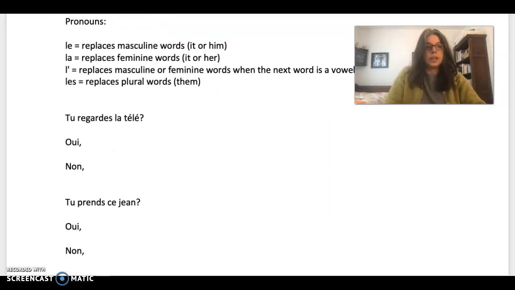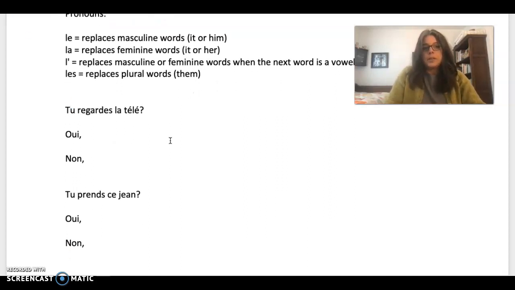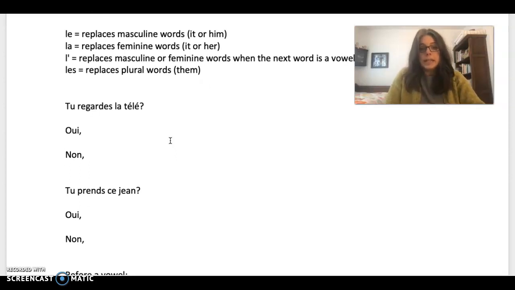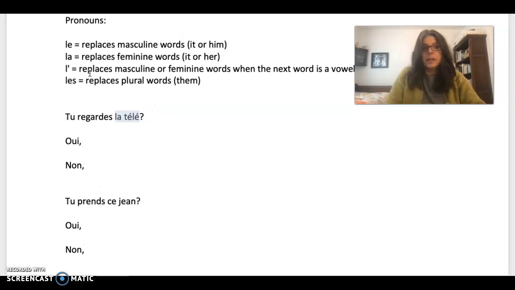So let's see how this works. Get rid of this drawing thing here. Okay, so if we have the question, tu regardes la télé? You watch television? If we were going to answer that, we probably wouldn't say, yes, I watch television. We would say, yes, I watch it. So we're going to replace la télé with a pronoun. La télé, it's feminine, so we're going to replace it with la. Now in English, this wouldn't move, but in French, when this becomes a pronoun, it moves, and it goes between the subject and the verb.